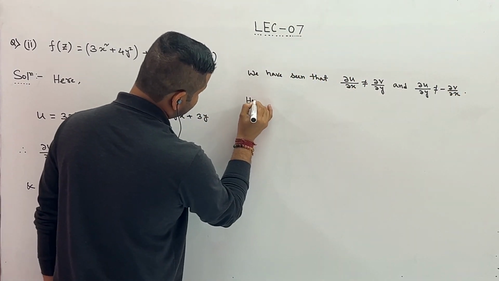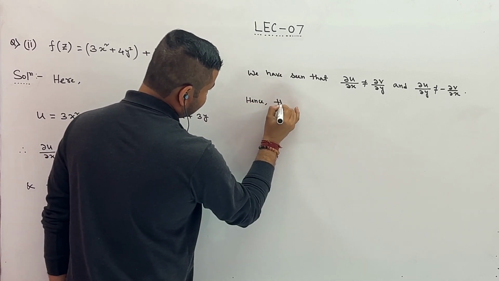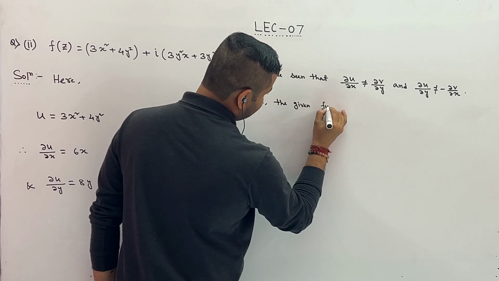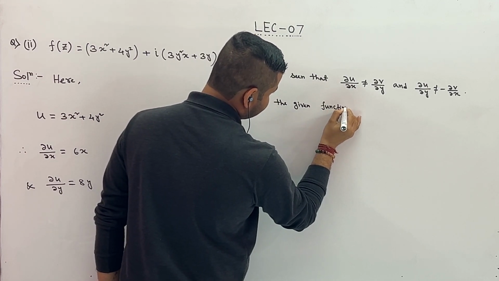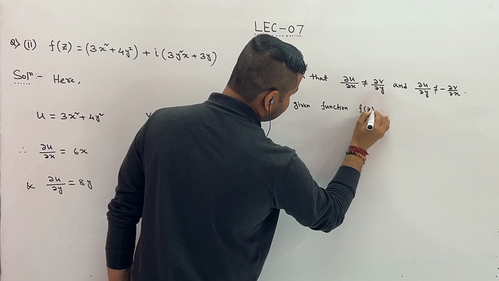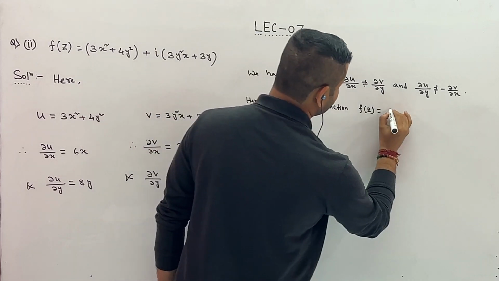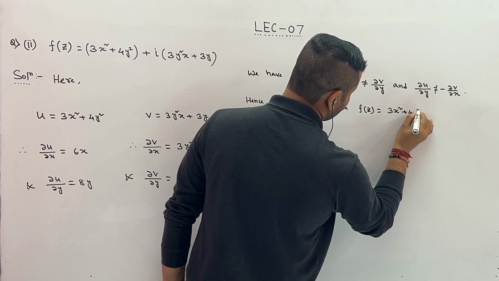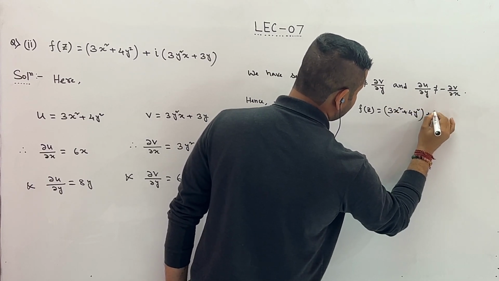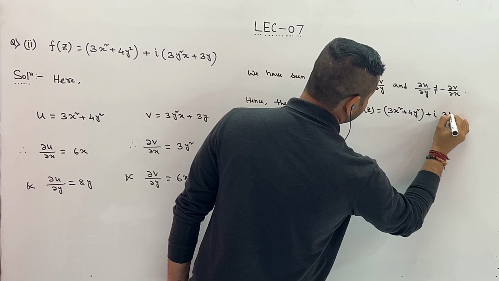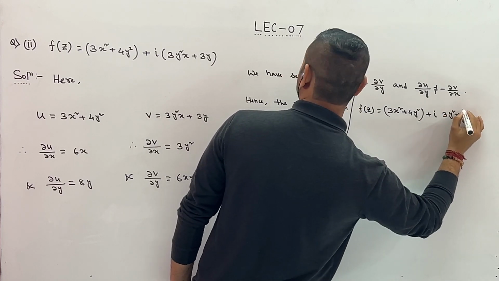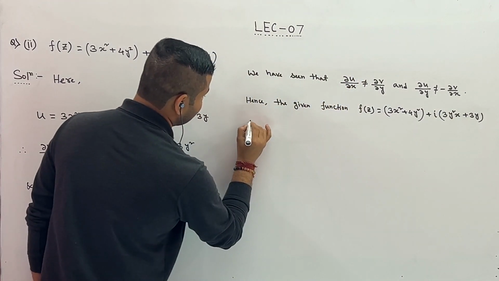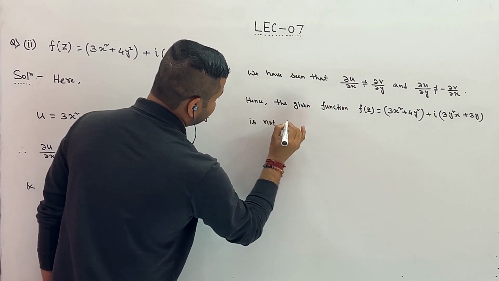Hence, the given function f of z is equal to 3x square plus 4y square plus iota times 3y square x plus 3y is not analytic.